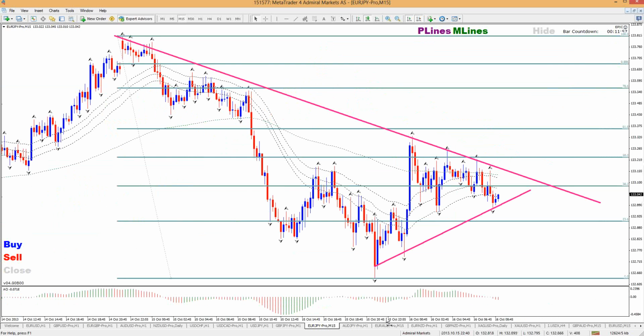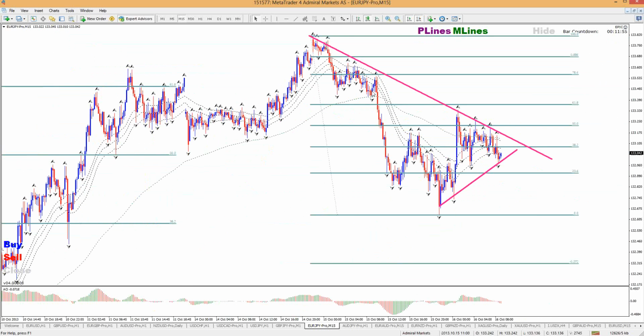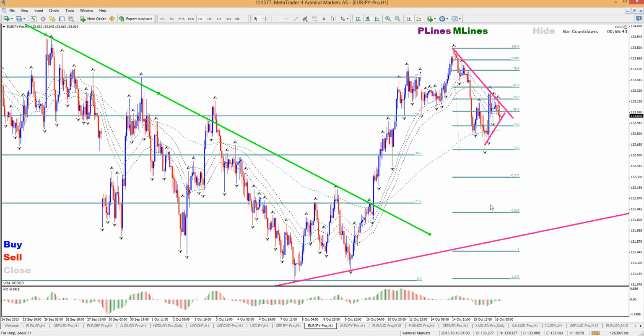Yeah, maybe that would be a way of checking out this euro yen by keeping these two lines on. If we do break above, maybe we can move up to the 786. If we do break below, maybe we can move down to the minus 272. Something like that could make sense.